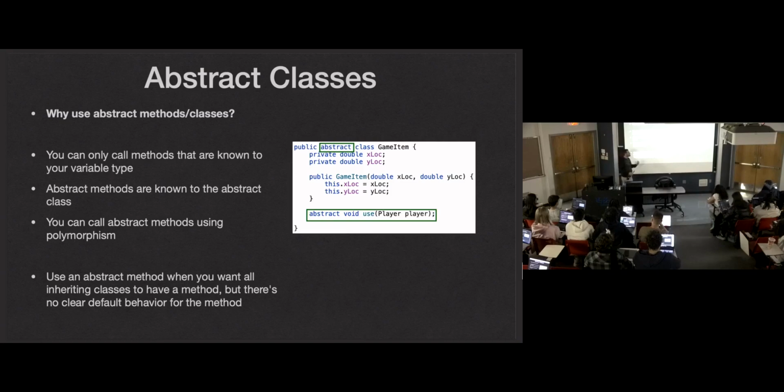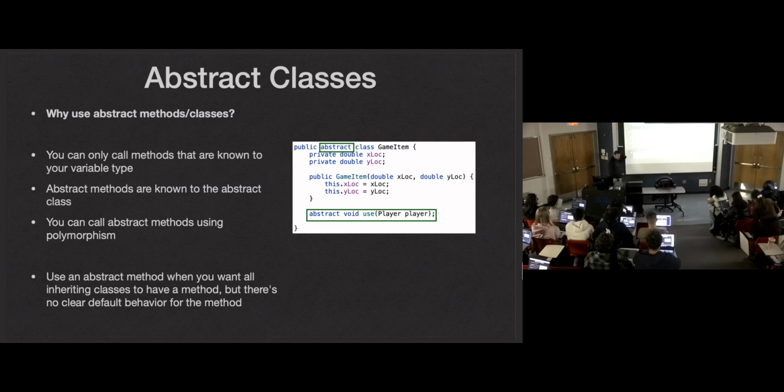So if I have a weapon or a health potion stored in a variable of type game item, I can only call the methods, bless you, known to the game item class, and the abstract method gives me a way to say this method is now known to the game item class. There's that, but then why don't we give this some definition too? Like we did when we first saw the use method, we had its implementation in the game item class was System.out.println item used, something like that, something useless like that.